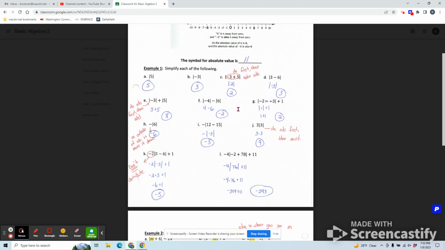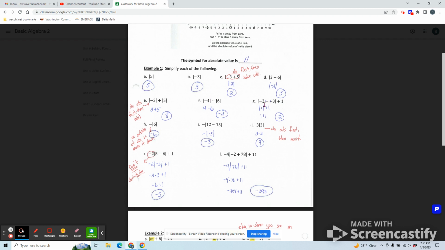But that worked because I am subtracting outside of my absolute values. All the stuff that's inside of your absolute value bars does always become positive because it's always the positive distance from 0. But if you're doing other operations outside of the absolute value, you can and you will get negative values.